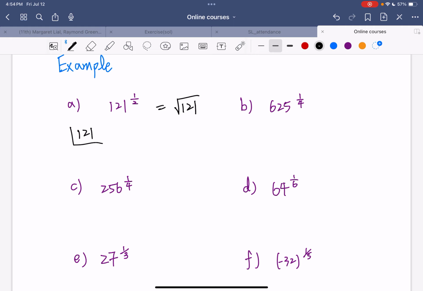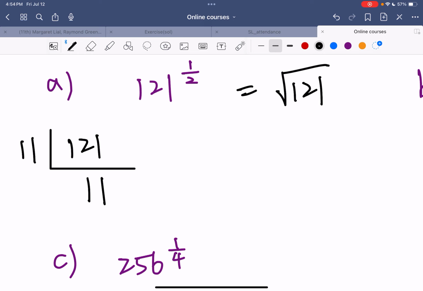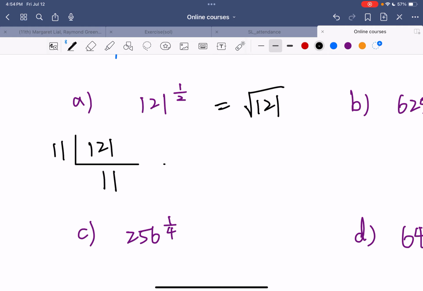We use this short division, and we try to find the factors of 121. So the first one I found is 11, and then 11, so write 11 here, it got 11 left, 1 left, so it's 11. So we can tell that 121 is 11 times 11. And guess what? This is our square root.